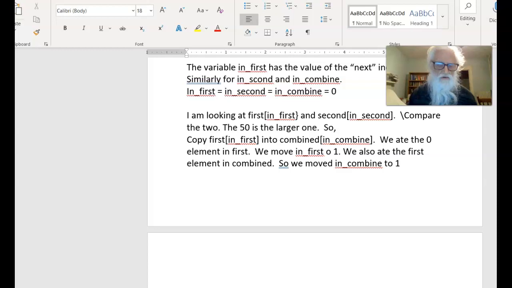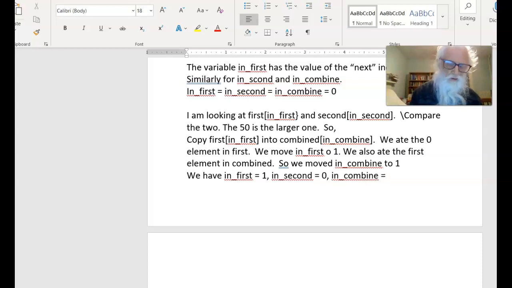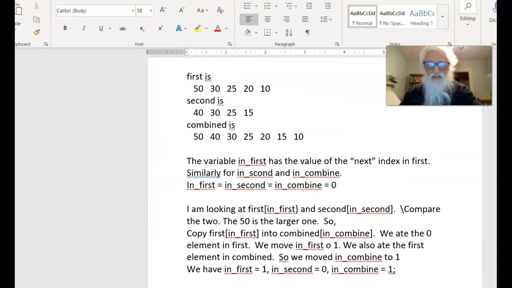We have now in first equals 1, in second equals 0, and in combine equals 1. And combined is just 50 at this point. That's the only thing in there.